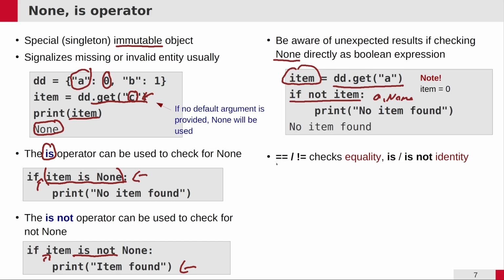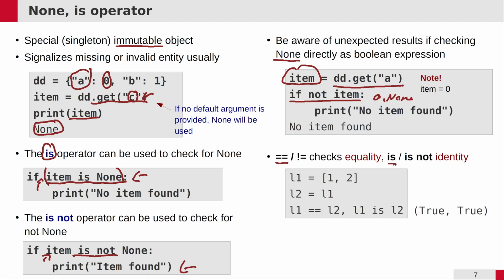Otherwise, maybe it's an interesting thing to discuss how comparison with equal and is relate to each other. The big difference is that equal is checking equality, whether values are equal, and is is checking identity, whether two objects are the same in Python. You remember we had this discussion about mutable types and assignment. Here you can have a look at the example.